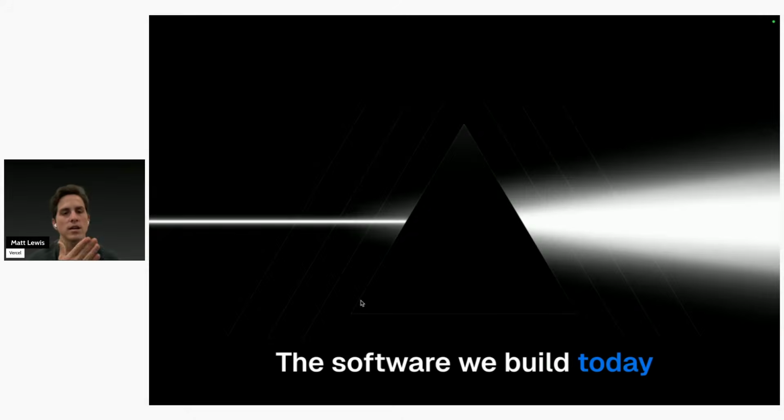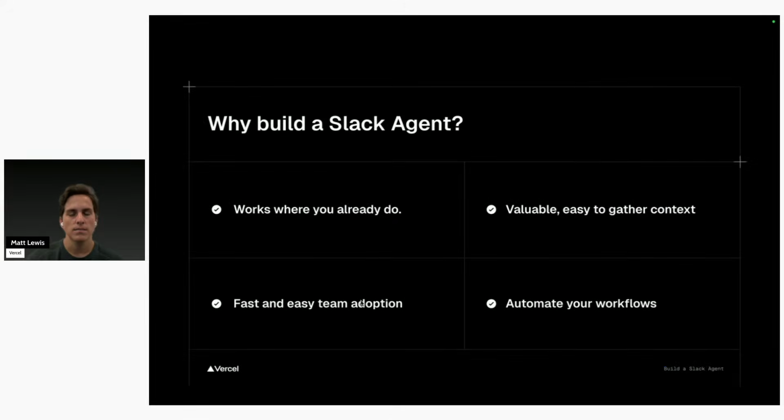So still information coming in, but being able to process it and fill in all the gaps of where the logic might break down. And so that's why I think right now is such an amazing time to build these Slack agents, because we get to build with AI, with LLMs. So yeah, I want to jump into why build a Slack agent.